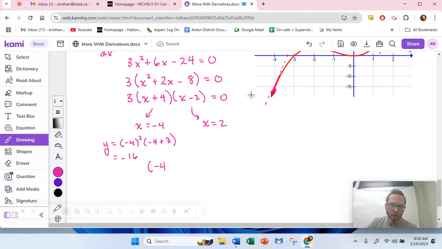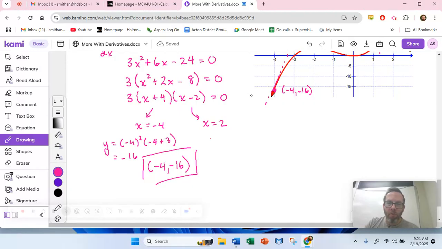So negative 4, negative 16 is one of our points. Put a box around it, which seems to fit the graph perfectly. If you didn't have a graph provided, you could just put everything in Desmos and check all these answers.